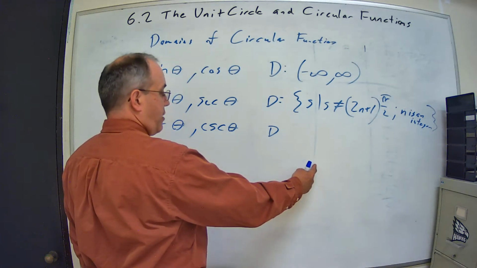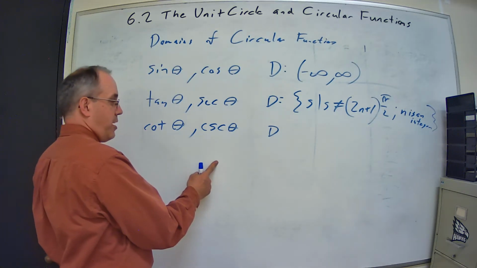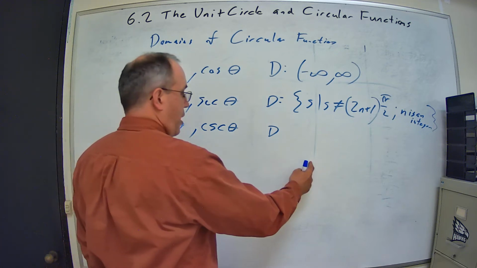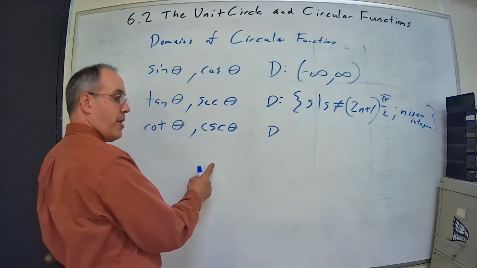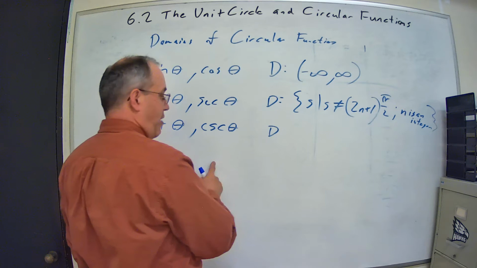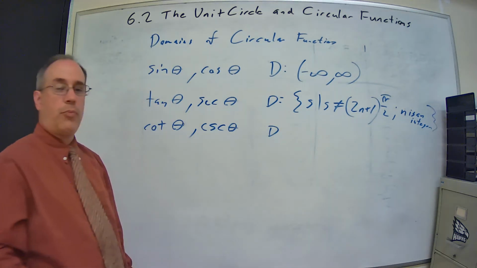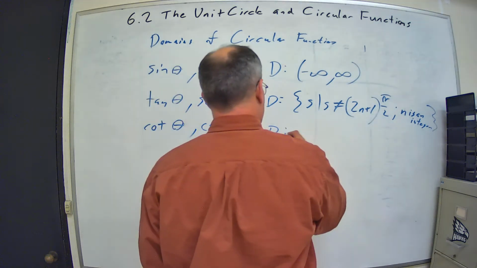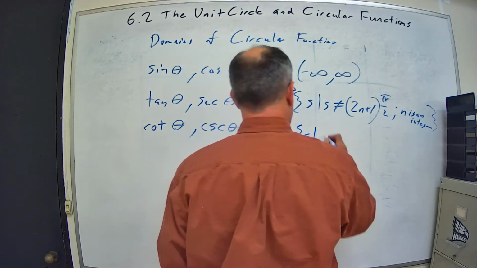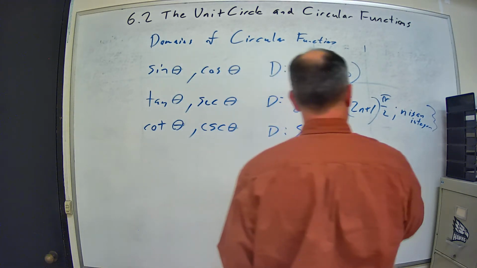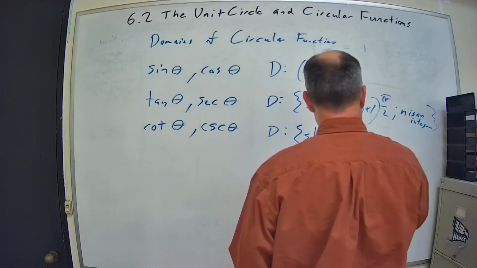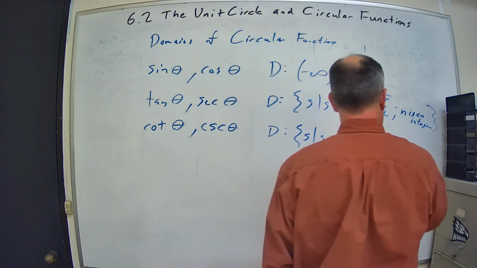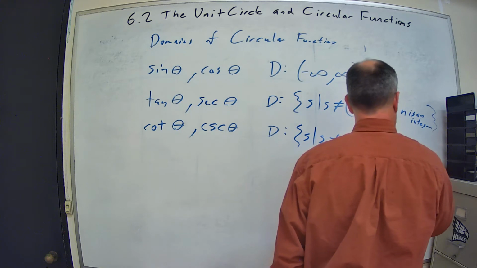At 0 radians, at pi radians, at 2 pi radians, 3 pi radians, 4 pi radians, 5 pi radians, right? So it's multiples of pi. So that's all s such that s is not equal to n pi, n is an integer.